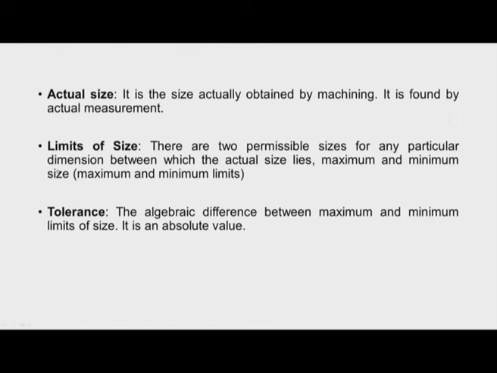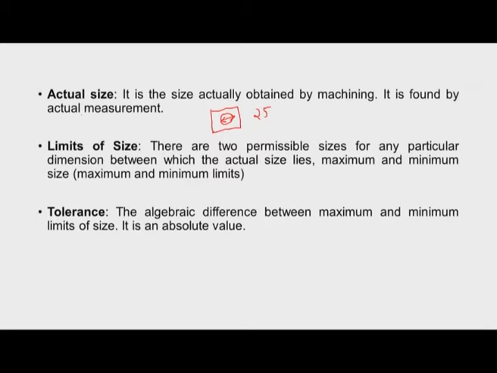Now, what is the meaning of actual size? It is the size actually obtained after machining. It is found by the actual measurement. For example, we have produced some hole by using drilling operation. The design size or basic size may be 25, but after producing, what is the actual size?